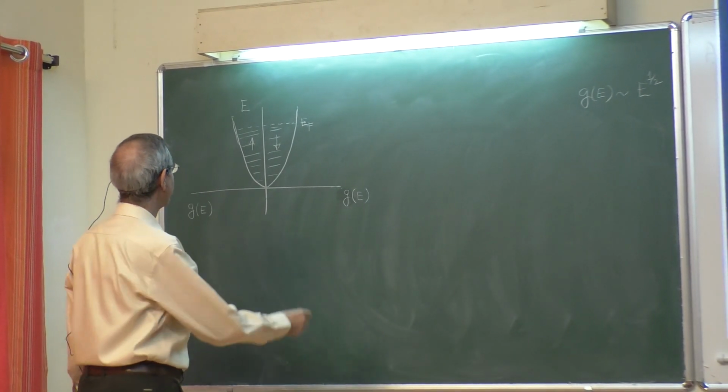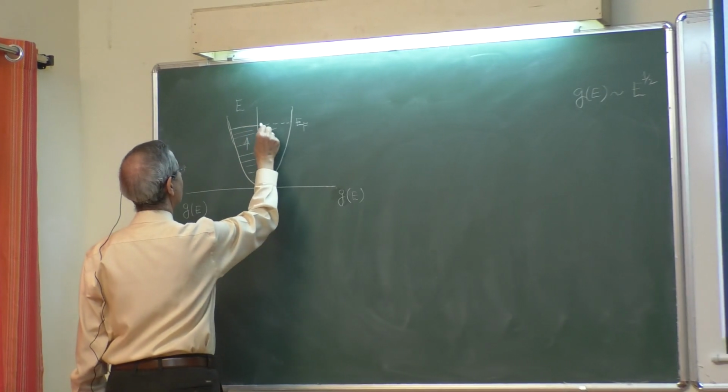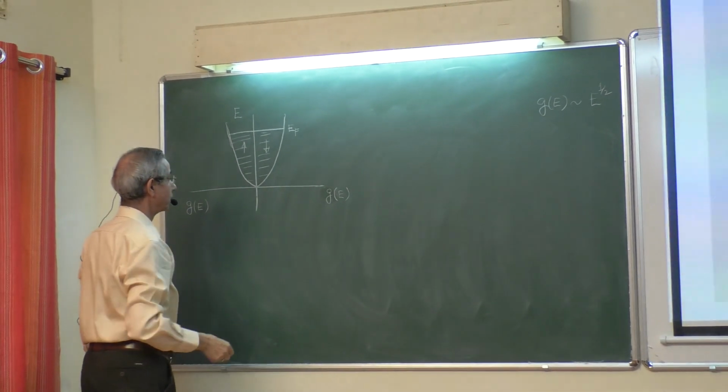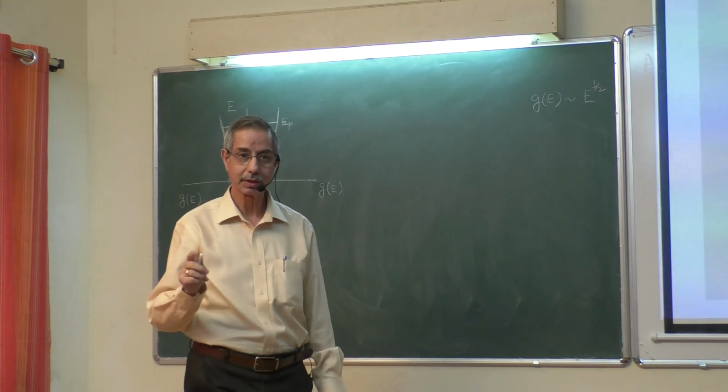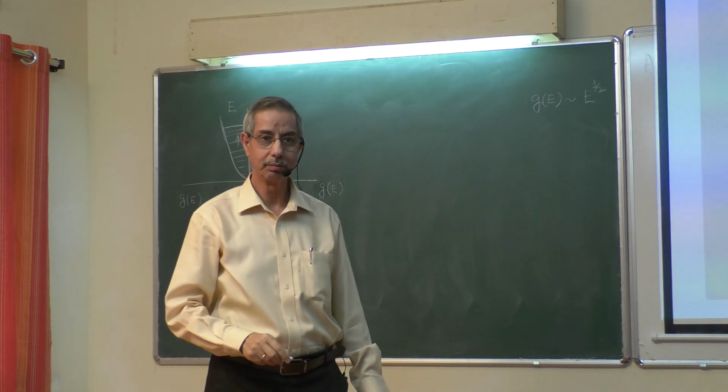The number of spins in the spin up subband and the number of spins in the spin down subband are exactly equal.